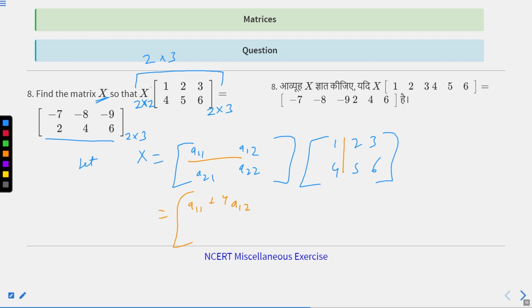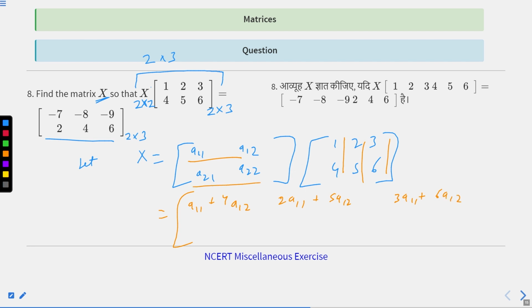Now a11 is going to multiply with this, giving 2a11 plus 5a12, and then 3a11 plus 6a12.